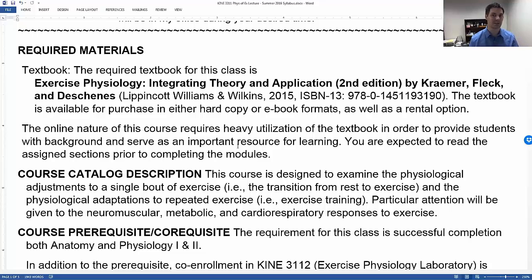He's editor of the Strength and Conditioning Journal, does a lot of work in strength and conditioning, and is very well known in NSCA and things like that. So you may have heard of Bill Kramer. He's now at the Ohio State University, and he wrote a really great textbook that I think covers a lot of stuff from basic physiology and really working into exercise, which, as we'll go through, is the main point of this course.